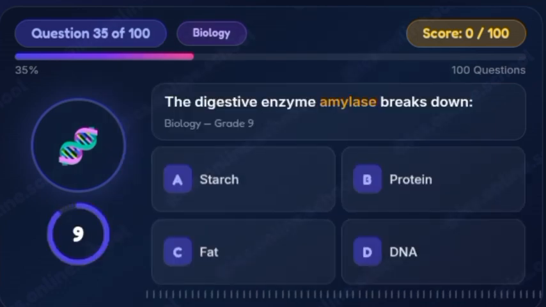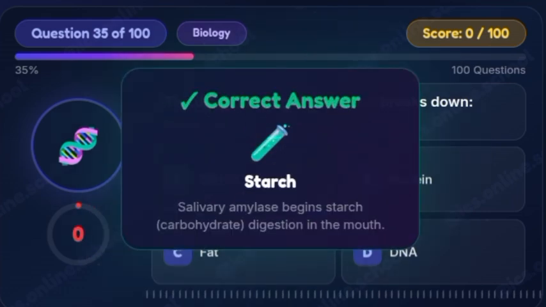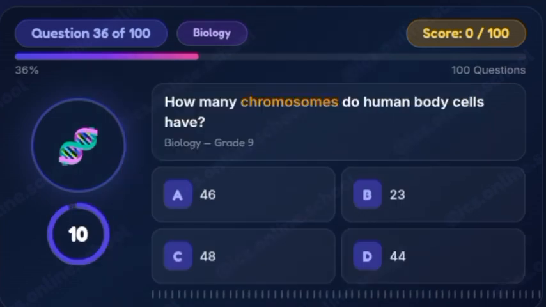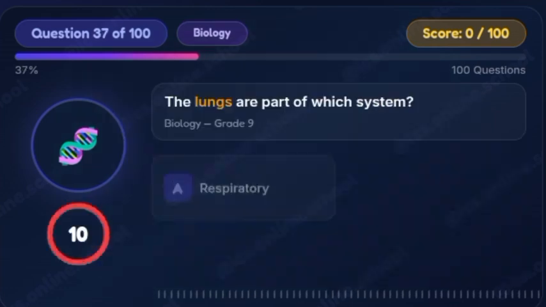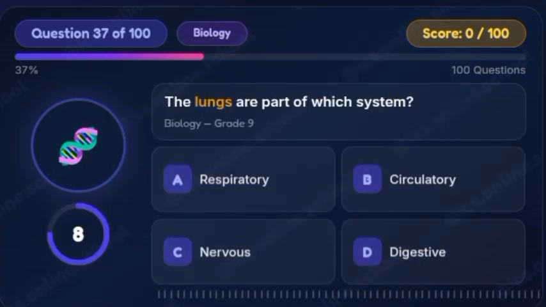What is the digestive enzyme amylase? Breaks down starch. How many chromosomes do human body cells have? 46 chromosomes. The lungs are a part of which system? Respiratory.